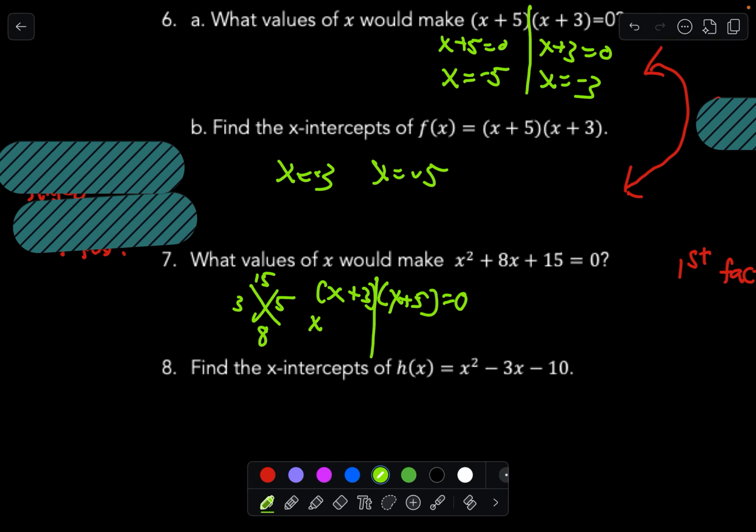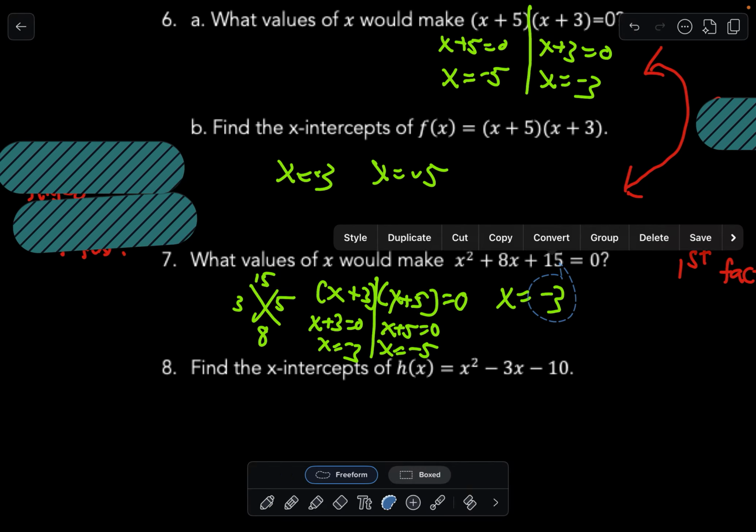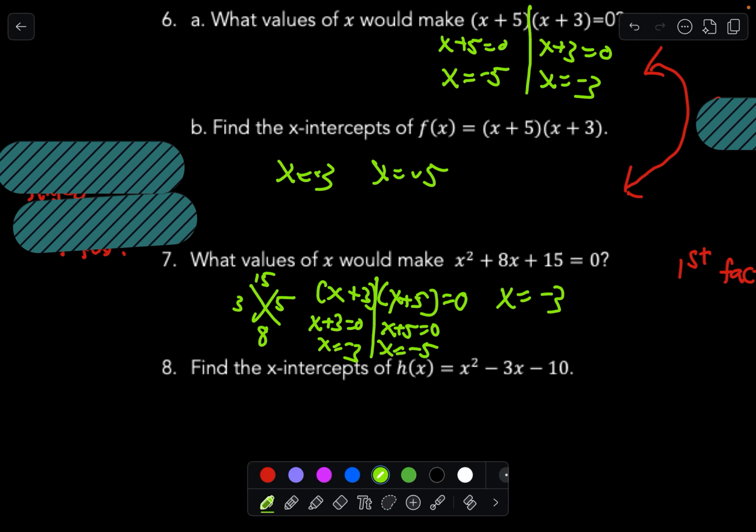That equals 0 when x plus 3 equals 0, which is x equals negative 3, or when x plus 5 equals 0, which gives us x equals negative 5. So x can equal negative 3, and x can equal negative 5.